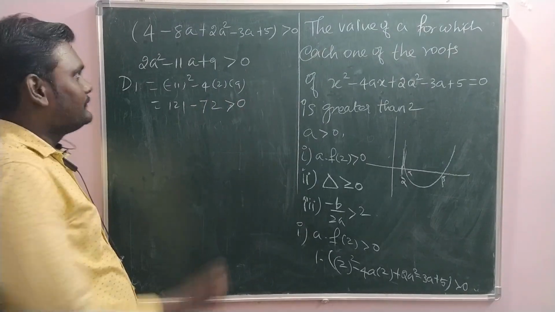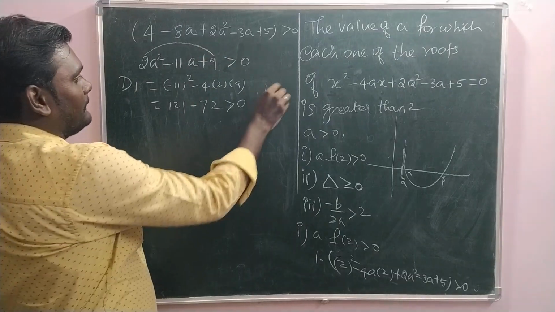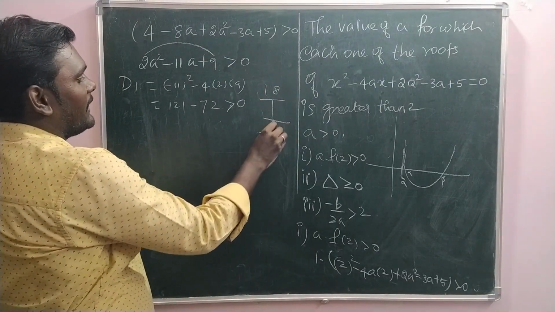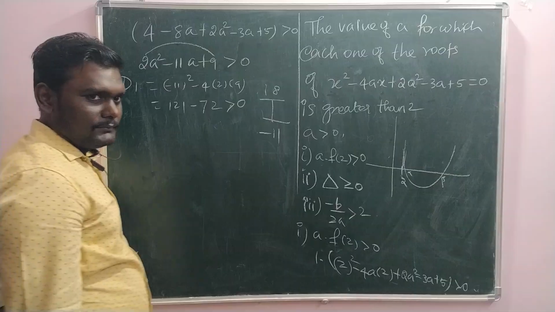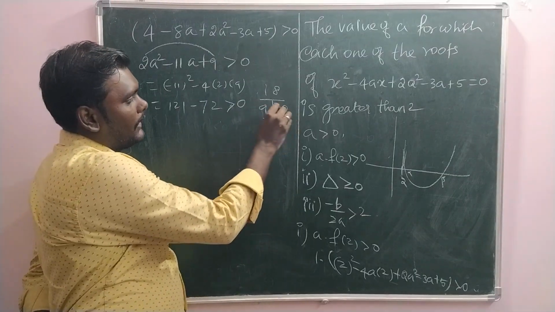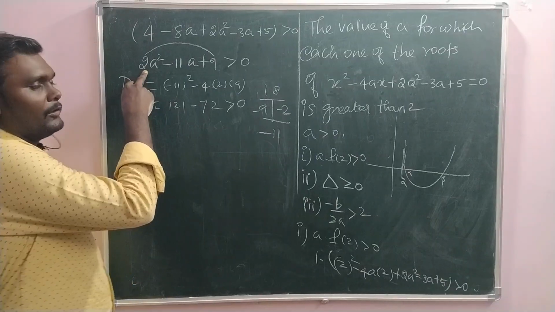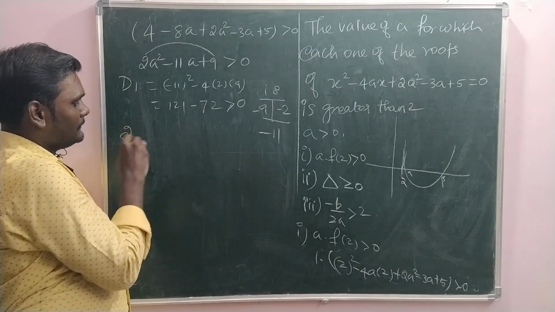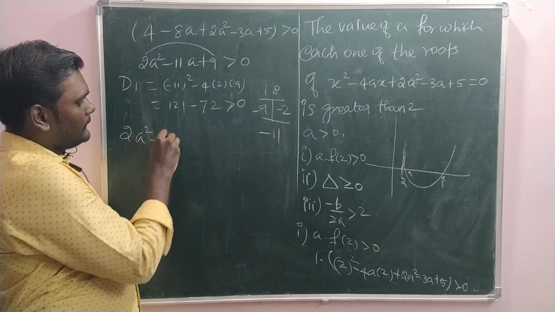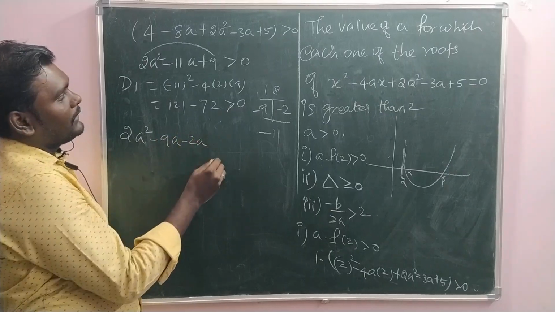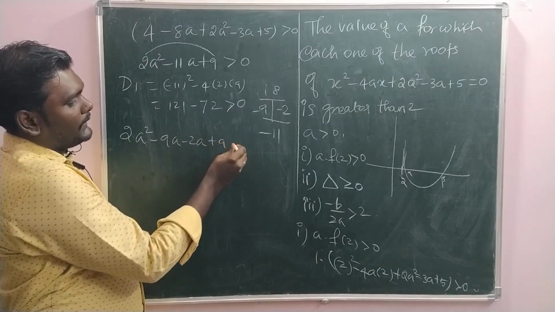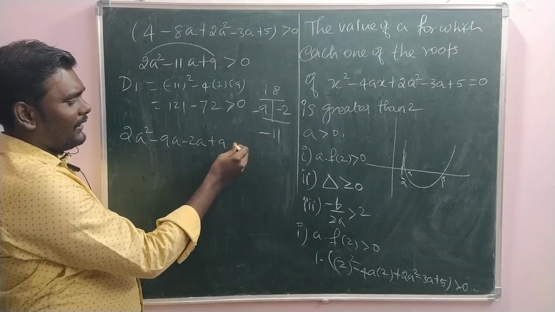We should find the roots. So 2 9s are 18. By multiplication 18, addition minus 11. 9 2s are both negative. So leading coefficient is not 1. Split the middle term. 2a square minus 9a minus 2a plus 9, which is greater than 0.